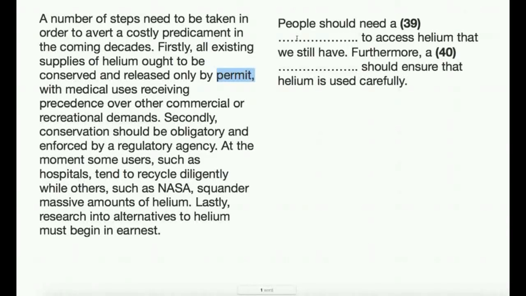That makes sense. Medical uses to access helium, that doesn't make sense. A commercial to access helium, it doesn't make sense. Recreational demands doesn't make sense. So it's looking like this then. So permit is the correct answer.